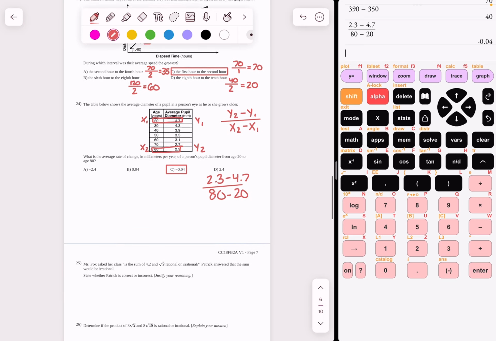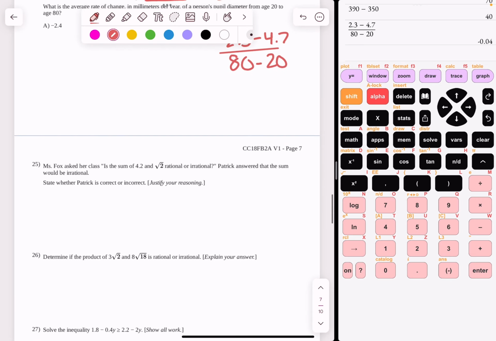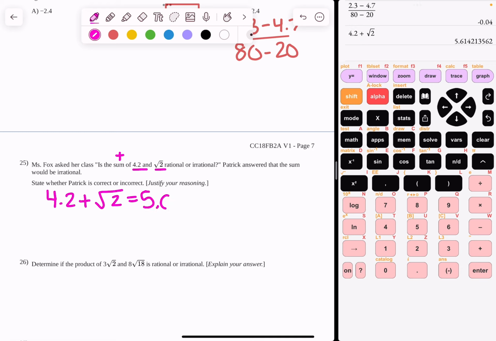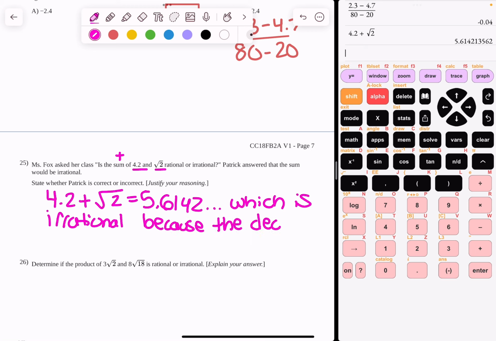Alrighty, let's look at question 25. Mrs. Fox asked her class, is the sum, which means to add, of this and this rational or irrational? So let's do 4.2 plus square root of 2, and let's see what answer we get. I get 5.6142..., which is irrational because the decimal does not end or repeat.